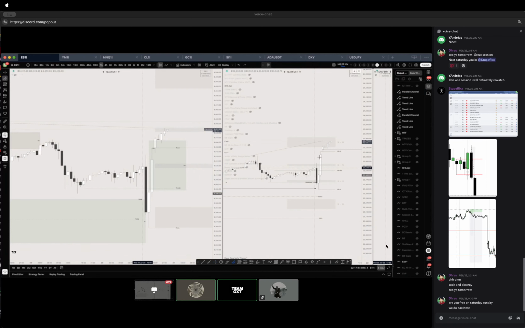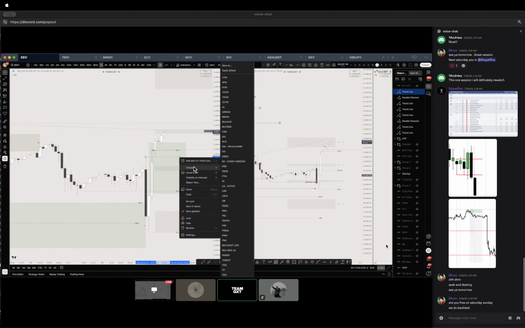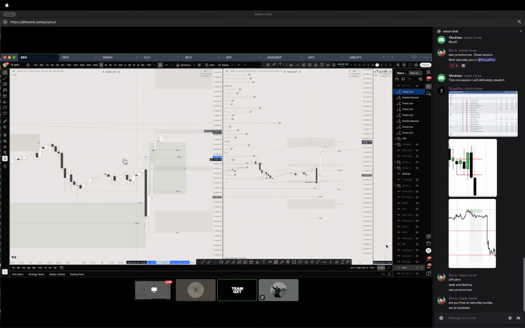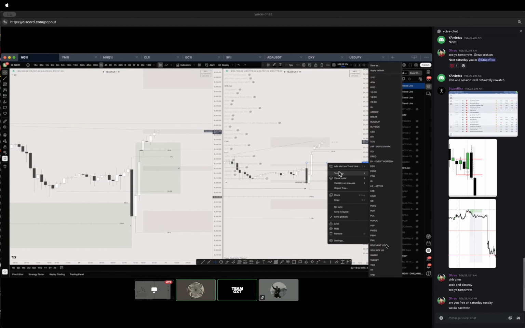Mark that out. Actually, let me mark out this IFC while we're talking about IFCs. From right here. Boom. IFC, institutionally funded candle. This is the manipulation leg.